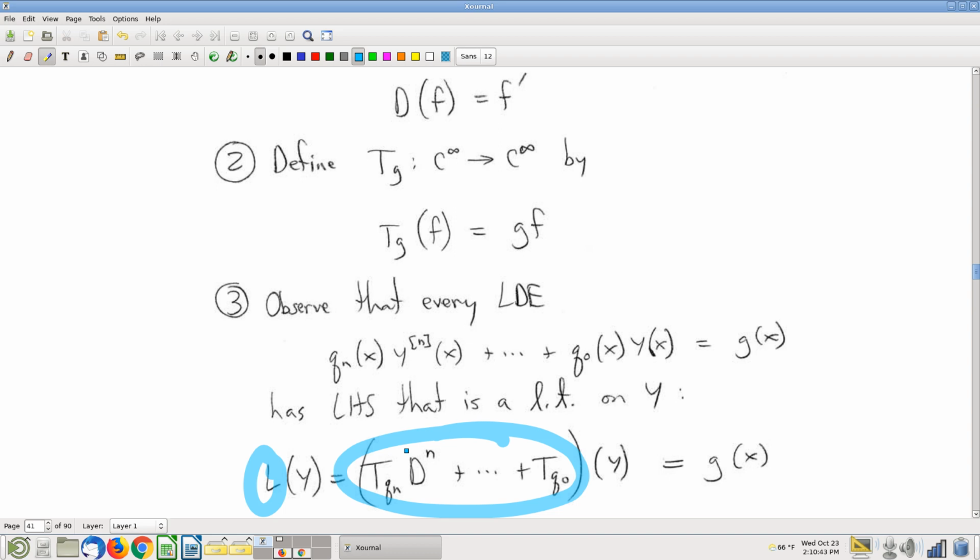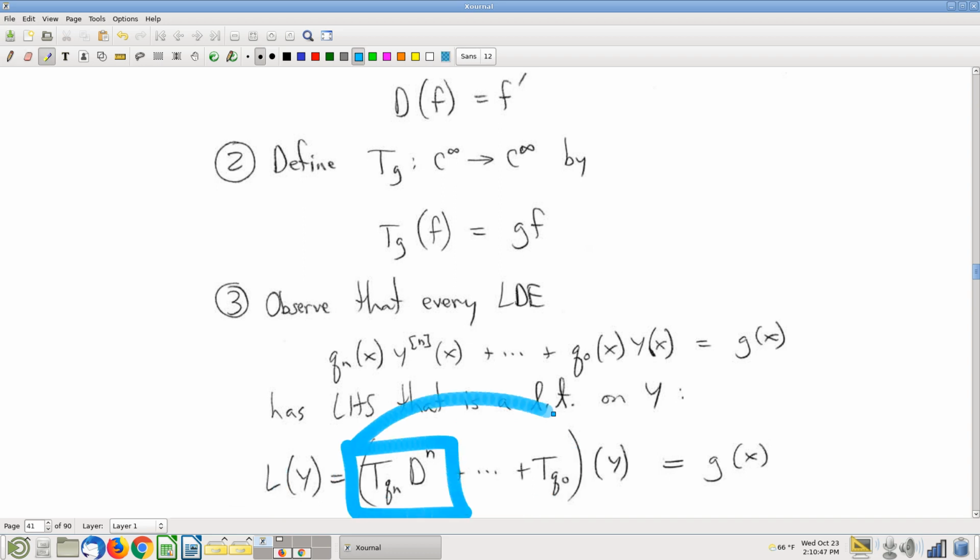Let's look at this term here, for example. What does this term do to y? Let's follow the rules. What does d to the n do to y? Well, it says take n derivatives of y. Okay, so that gives us the nth derivative of y.